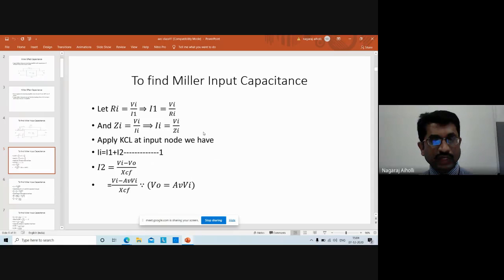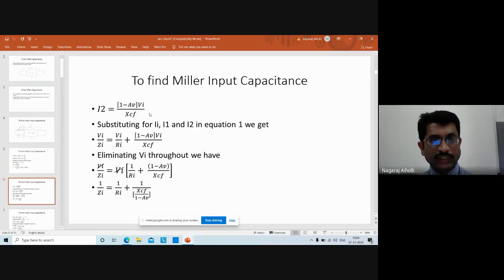What is equation 1? Ii is equal to I1 plus I2. Ii is Vi by Zi, I1 is Vi by Ri, and I2 we just found is 1 minus AV into Vi by XCF. Substituting, we get Vi by Zi equal to Vi by Ri plus 1 minus AV into Vi by XCF.